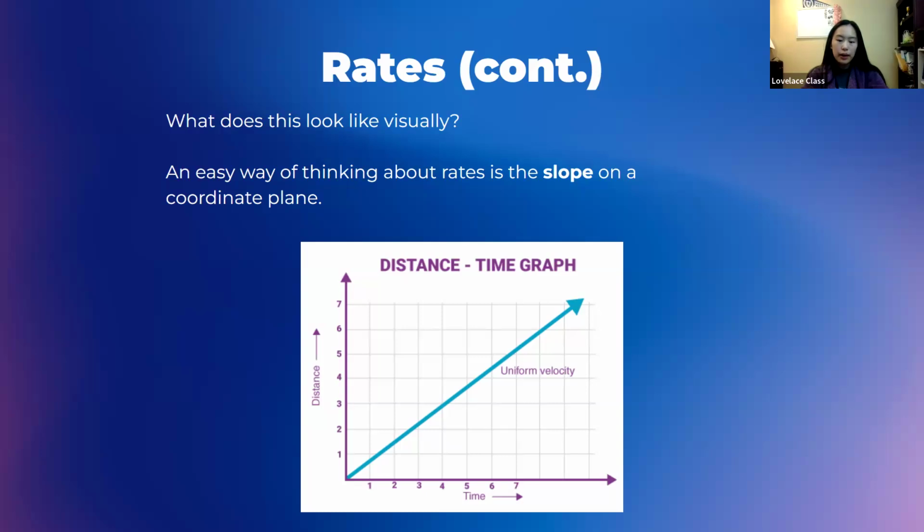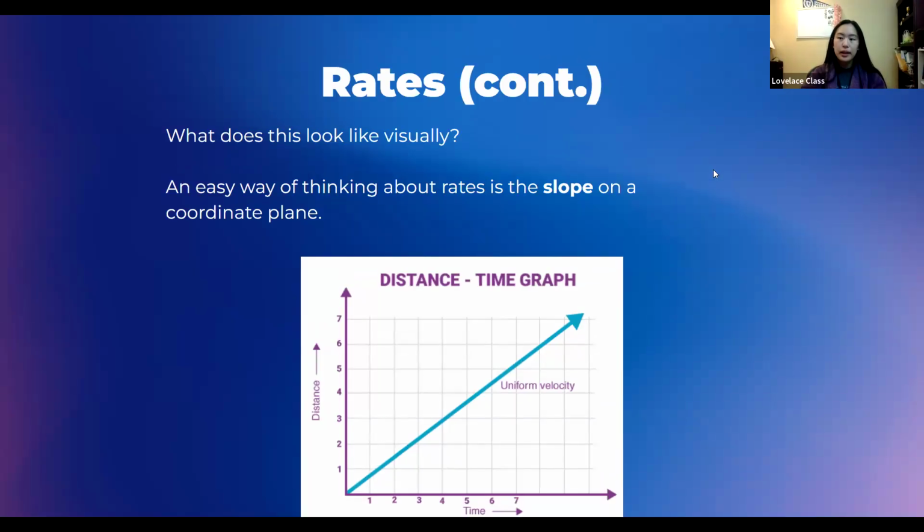So that's one way of looking at it. Hopefully this makes it a little easier to understand. We talked about slope a couple classes ago, so this is another application of slope that I thought was really useful.